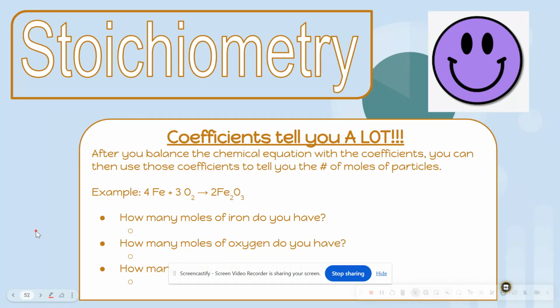So the first question is, how many moles of iron do you have? In this case, we have 4 moles of iron. Don't mind my sloppy handwriting. How many moles of oxygen do you have? Well, again, our coefficient is 3 for oxygen, so I have 3 moles of oxygen.